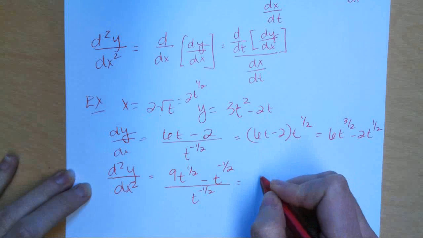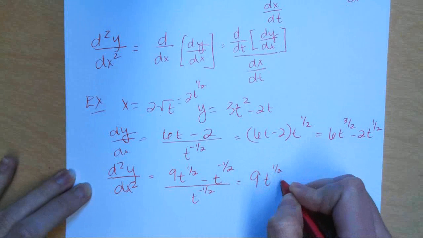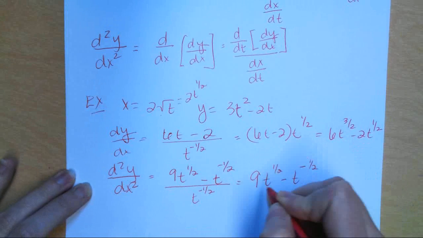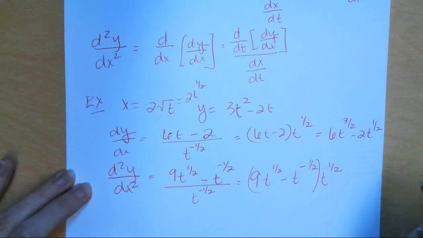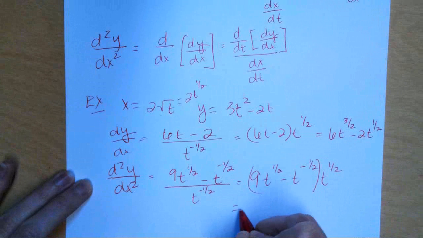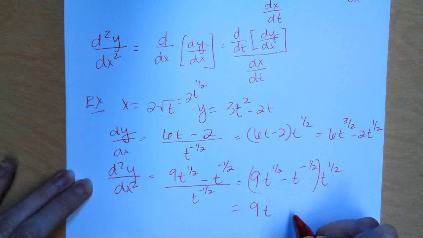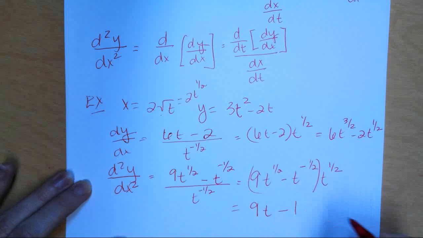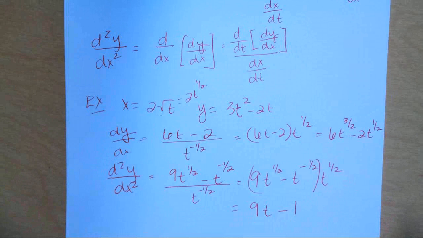We wanted to simplify this. We have 9t to the 1/2 minus t to the negative 1/2 times t to the 1/2, which is going to be 9t minus 1.